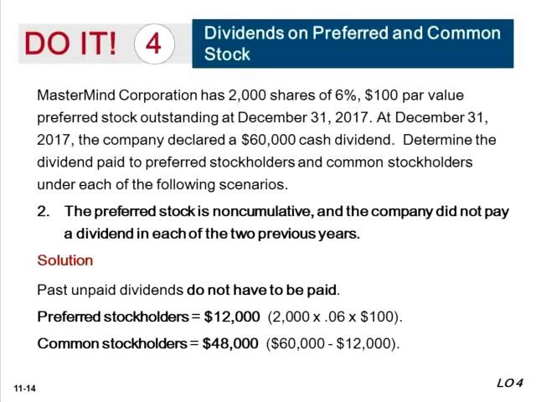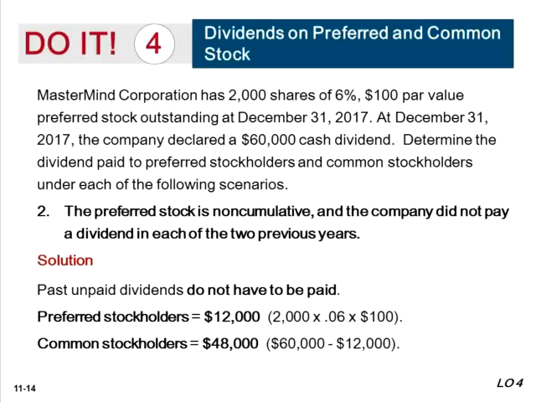Here's another scenario. Mastermind has 2,000 shares of 6% $100 par value preferred stock outstanding at December 31st, 2017. At December 31st, 2017, the company declared a $60,000 cash dividend. Determine the dividend paid to preferred stockholders and common stockholders under each of the following scenarios. So this is scenario 2. So the fact pattern is the same except for the scenarios.